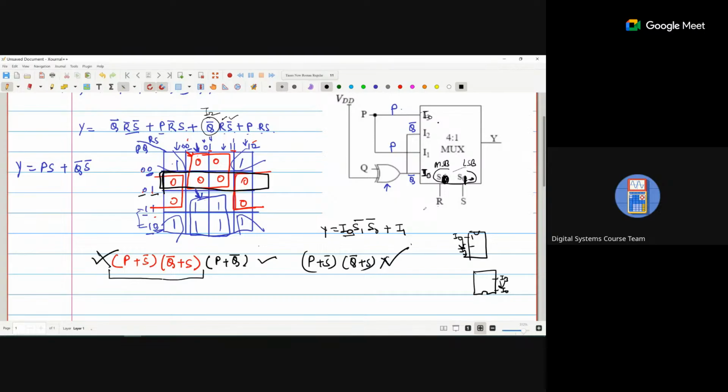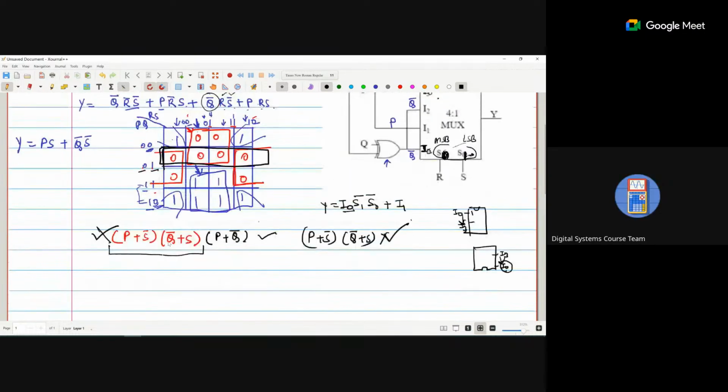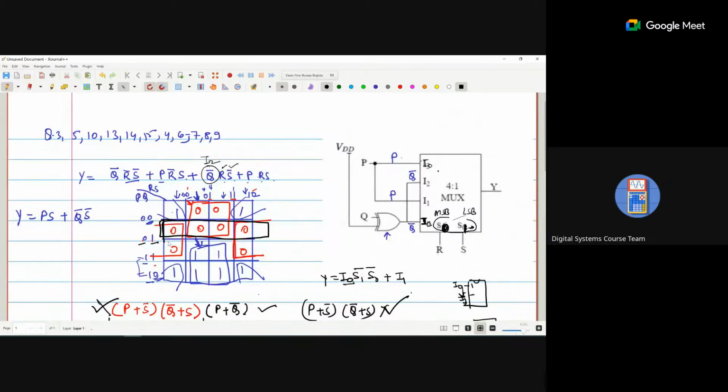That is always I naught. Similar case here, I naught is always I naught, whether you represent it in the lower or the upper. Clear? Now any doubt in question number 3?